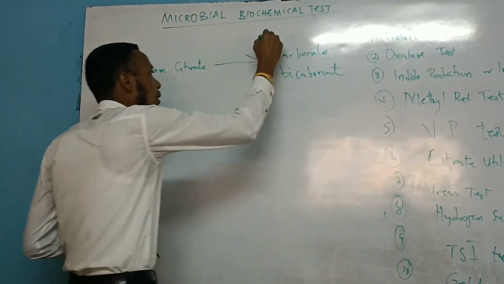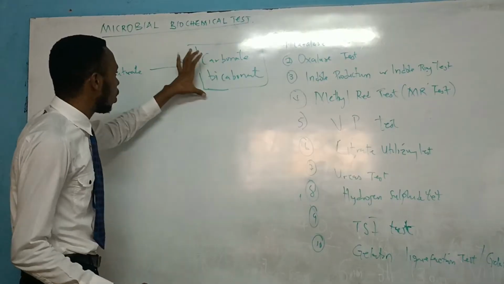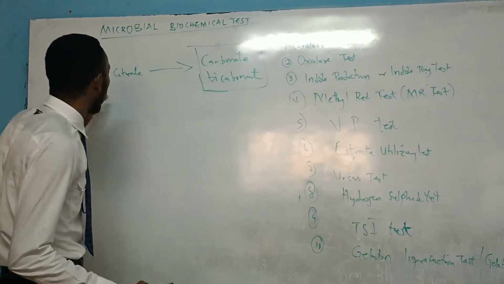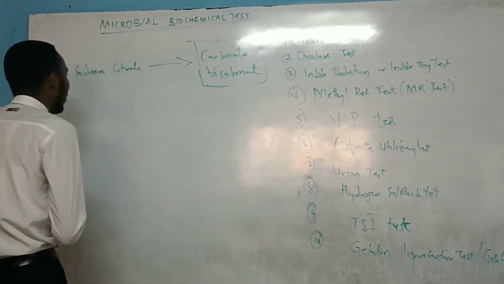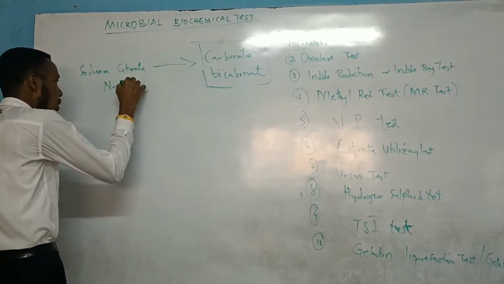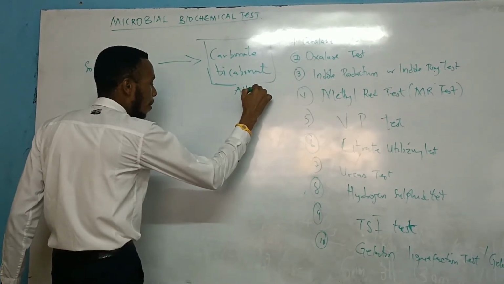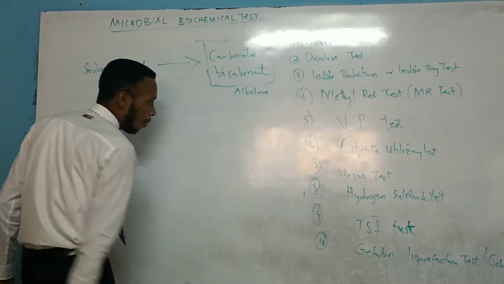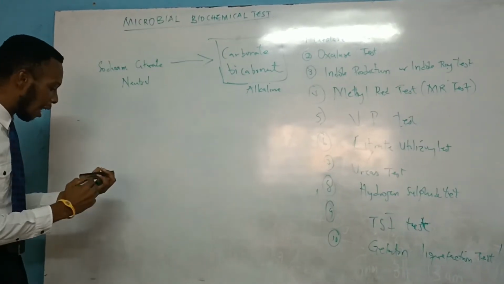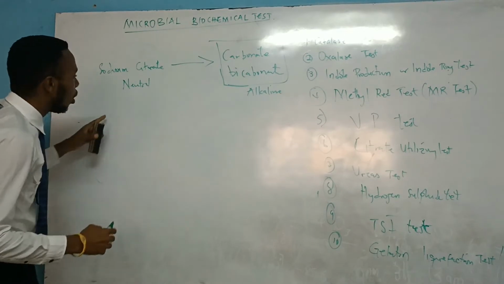Now, the production of these two changes the neutral pH of the sodium citrate to an alkaline pH.